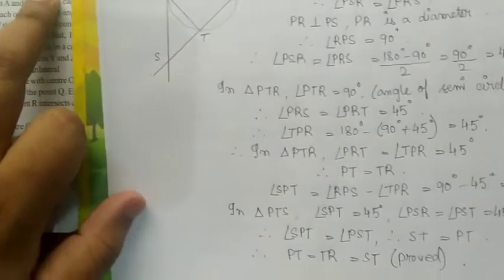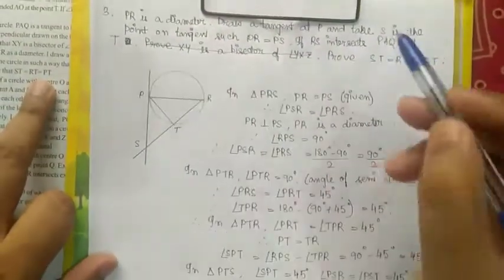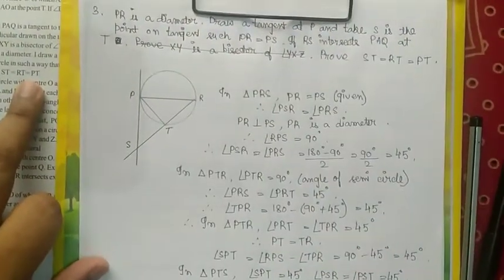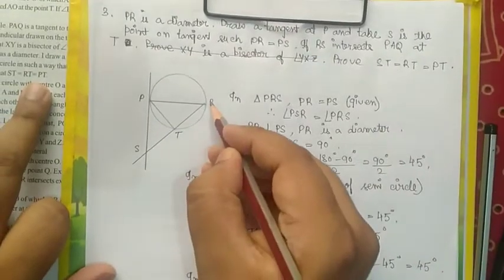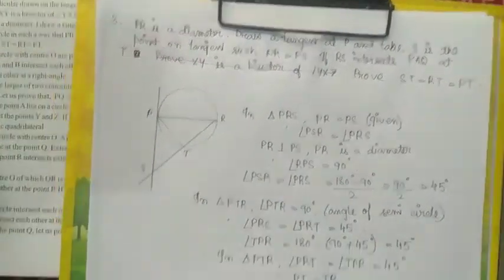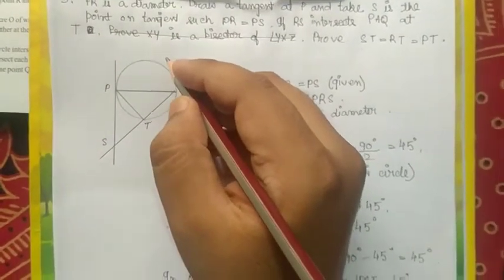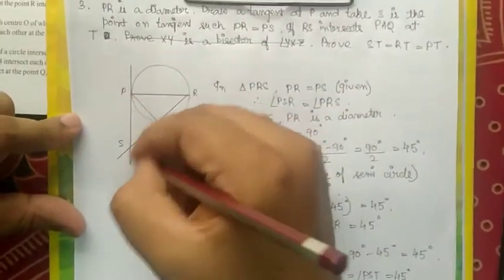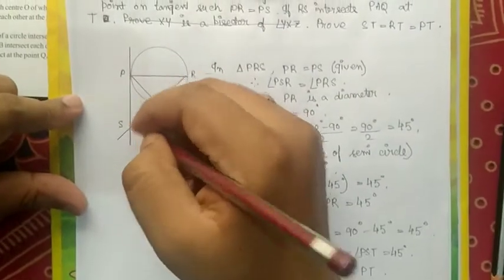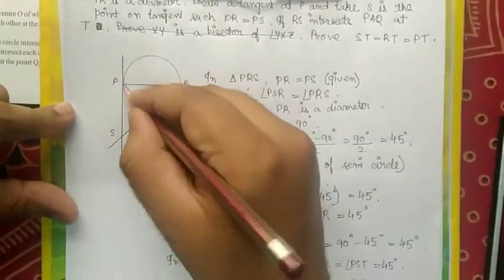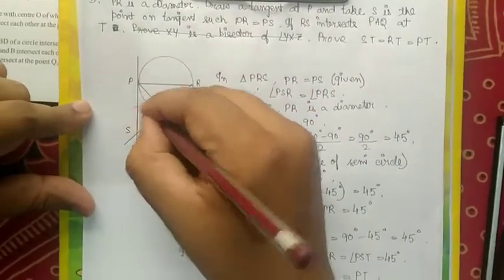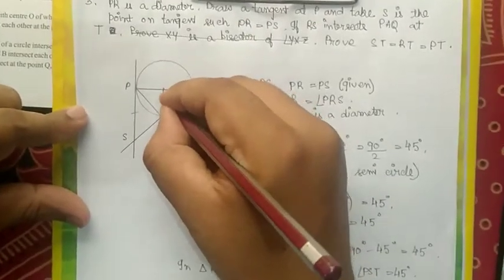So according to the question, this is a circle where PR is the diameter, and it's a tangent, and from tangent we take PS such as PS equal to PR.